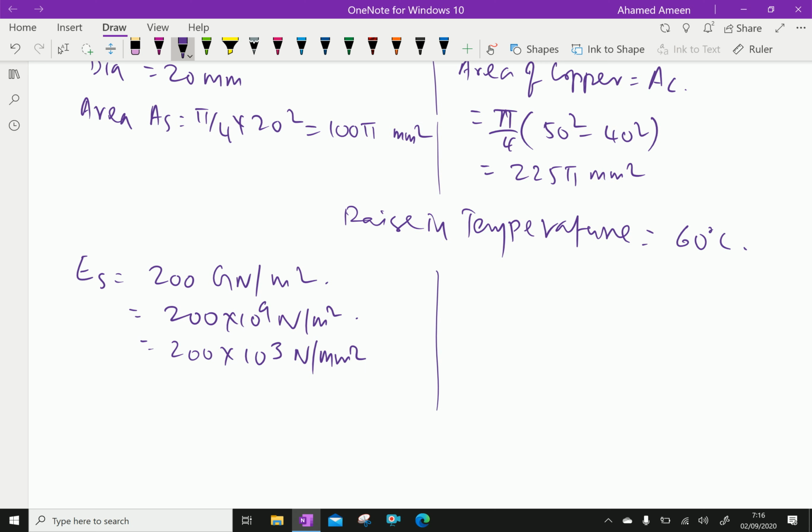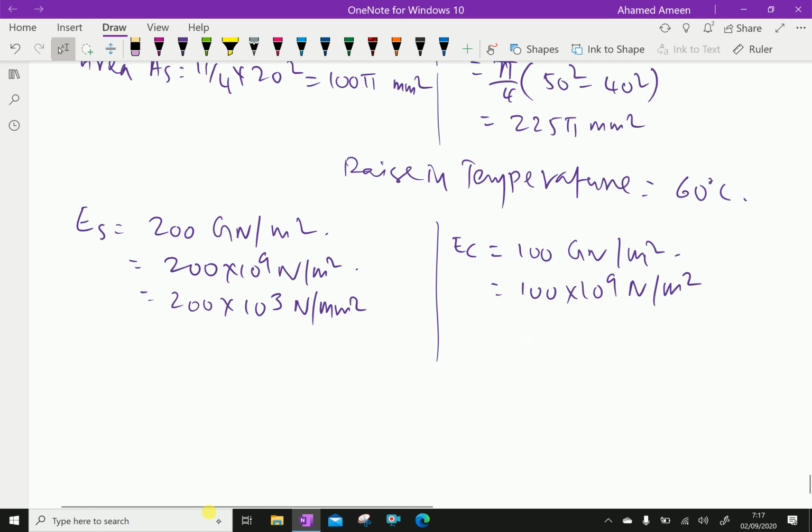Here for EC, E for copper is 100 giganewton per meter square, which is equal to 100 into 10 to the power of 9 Newton per meter square, which is equal to 100 into 10 to the power of 3 Newton per mm square.